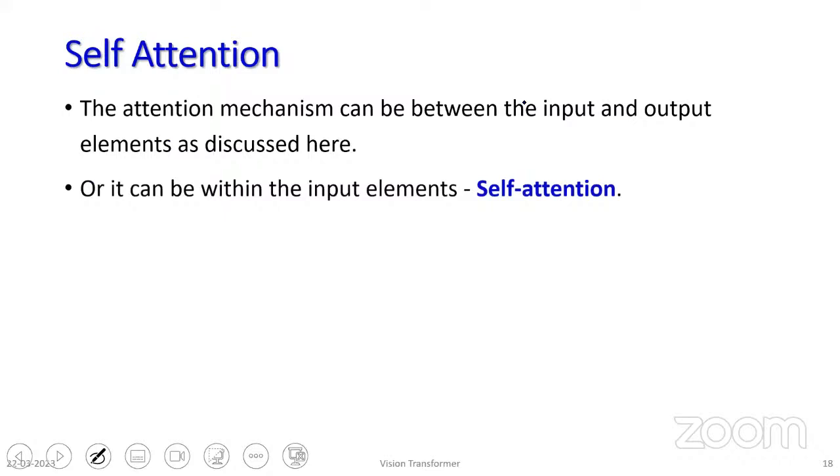The attention mechanisms can be between the input and output elements, as discussed previously, or it can be within the input elements. That is self-attention. What do we mean by self-attention?